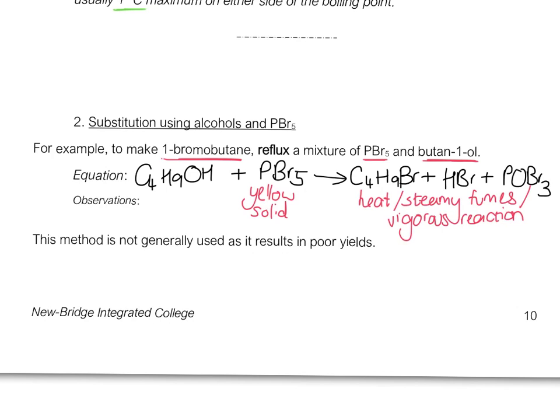Okay, so write those in your observations section. A little note at the bottom says that we don't usually use this method. We normally do it the previous way because we don't get very good yields with this method.